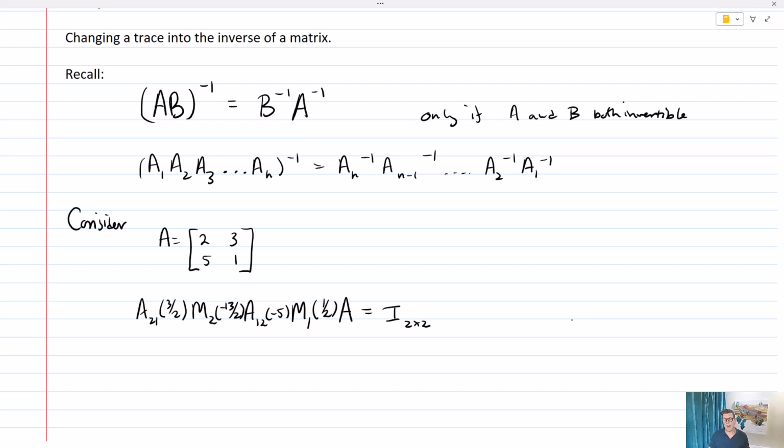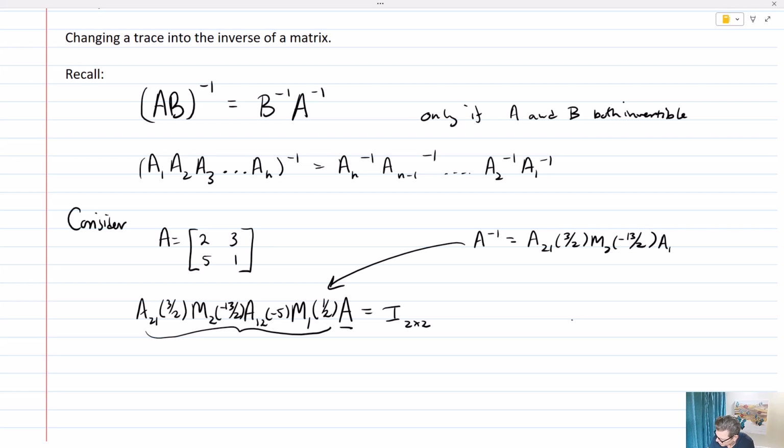What we want to notice is that I multiplied A by this whole thing and got the identity. What that means is that A inverse is this. So A inverse ends up equaling A21 3/2, M2 negative 13 over 2, A12 negative 5, M1 1/2. Great. And so we can write the inverse as these elementary matrices.